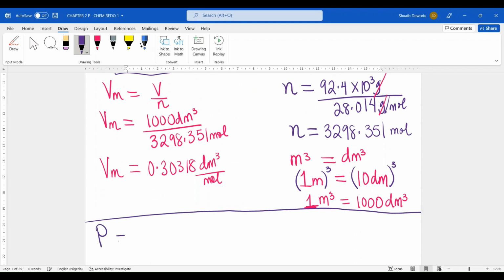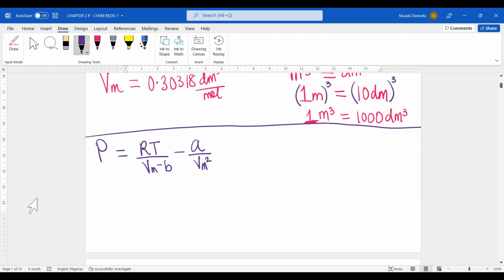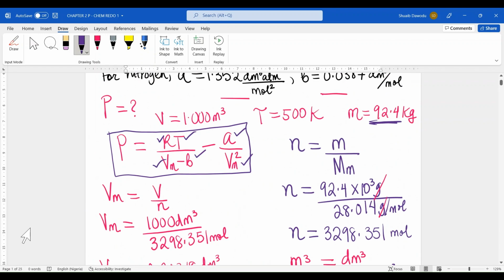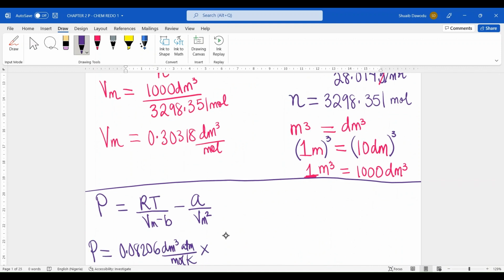So pressure is going to equal, again, RT divided by the molar volume minus B, minus A divided by molar volume squared. So to do that, we have pressure is just simply RT, R is 0.08206 dm cube atmosphere per mole Kelvin times the value for temperature. We have temperature here to be 500 Kelvin.